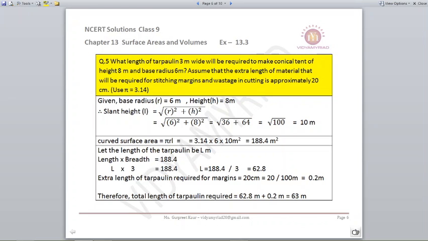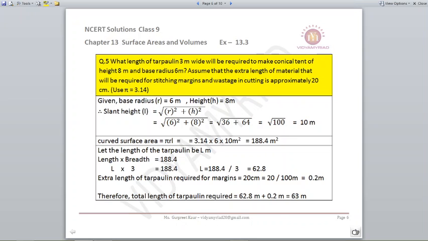Now here, they are giving us the height and they are giving us the radius. That means I don't have the slant height. So for finding the slant height, I will use the Pythagoras theorem, which is square root of R square plus H square, which is 6 square plus 8 square. At the last, slant height comes out to be 10 meters.